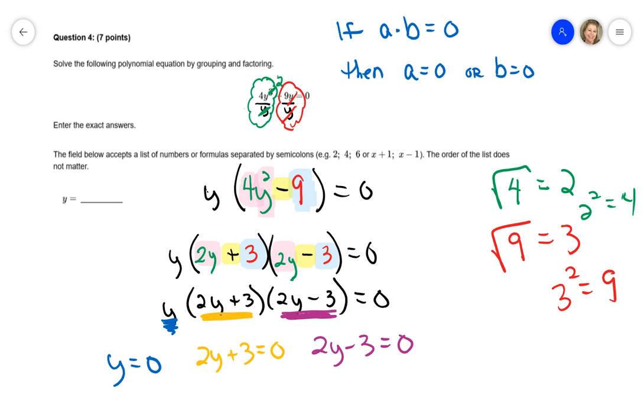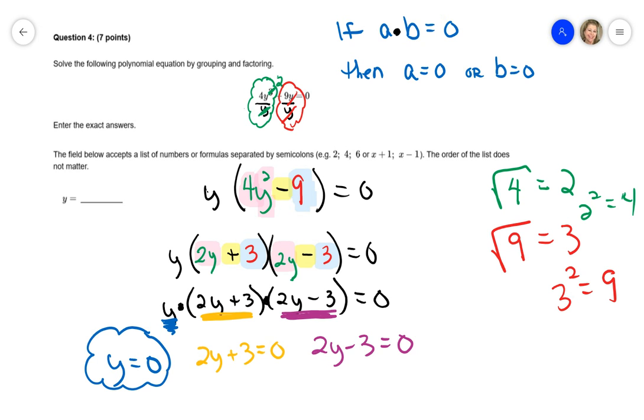You've got y times a 2y plus 3 times a 2y minus 3. Just like up here you had a times b. Either the a part is the 0 or the b part is the 0. So down here either the y part is the 0 or the 2y plus 3 is the 0 or the 2y minus 3 is the 0. Well, this one right here, that's just one possible answer, 0.